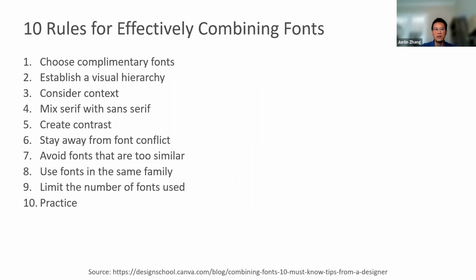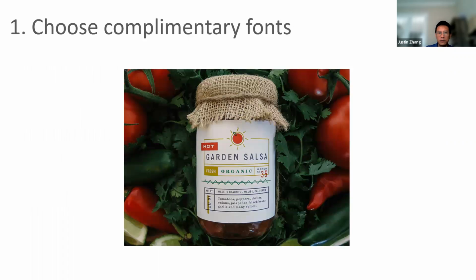Number 3, consider context. Number 4, mix serif with sans serif. Number 5, create contrast. Number 6, stay away from font conflict. Number 7, avoid fonts that are too similar. Number 8, use fonts in the same family. Number 9, limit the number of fonts used. Number 10, practice.